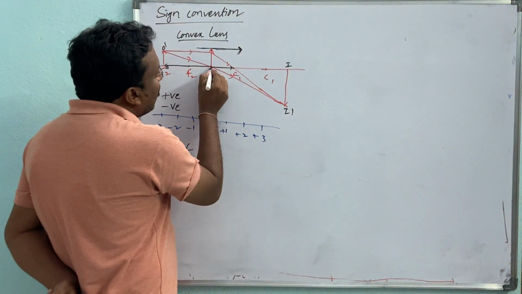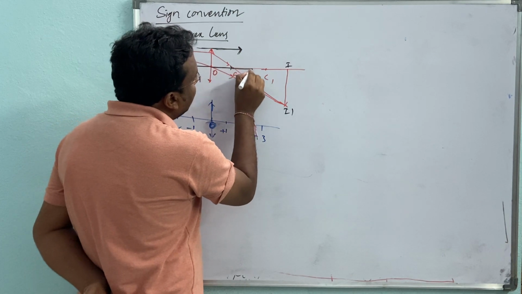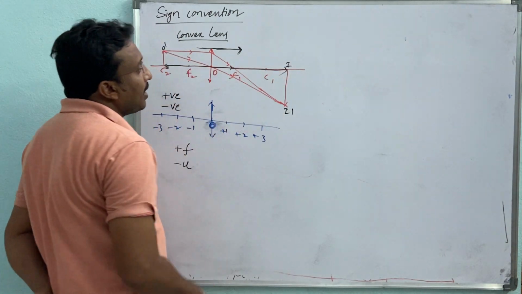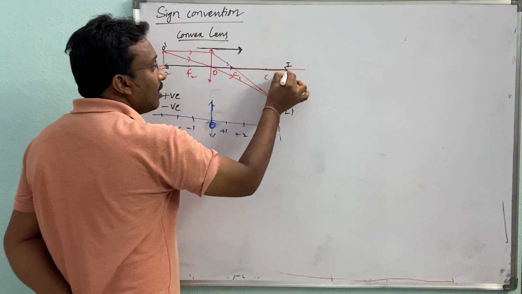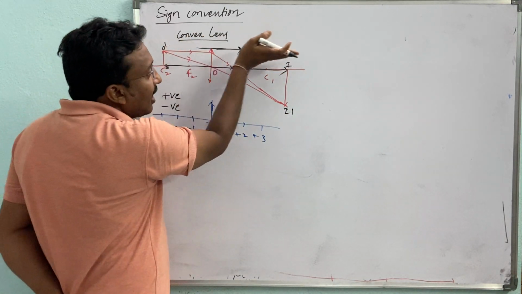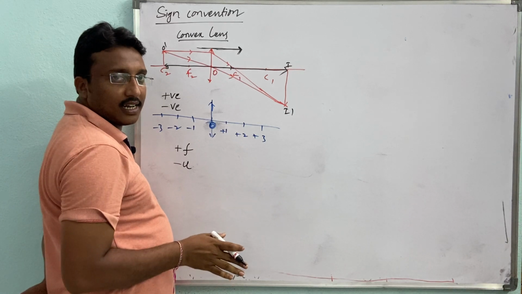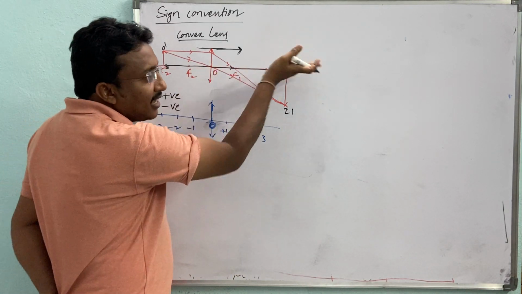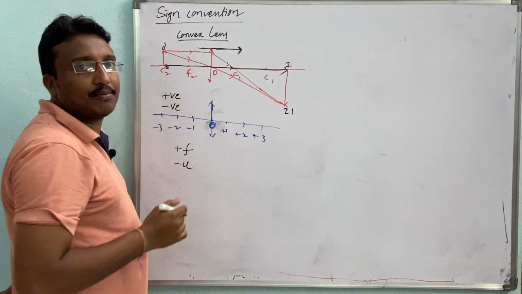Image distance from the optic center. Where is the image? So here is the image. The image is formed here. The measurement is in this direction, the image distance also in this direction. Both are in the same direction, right?